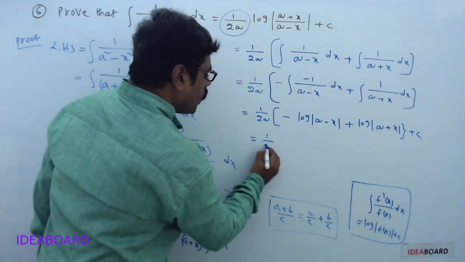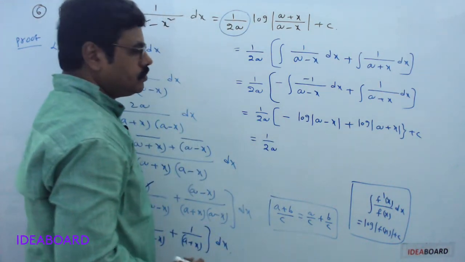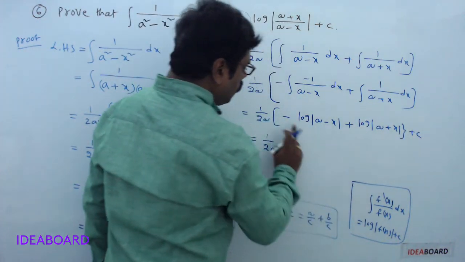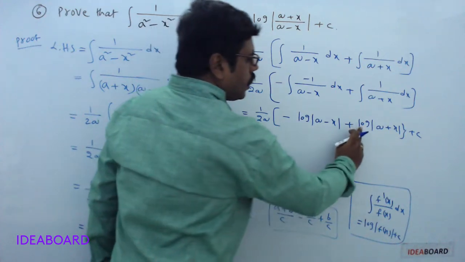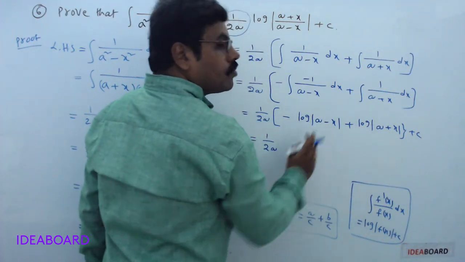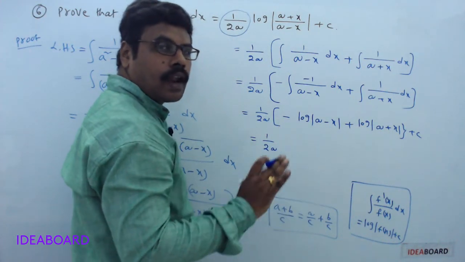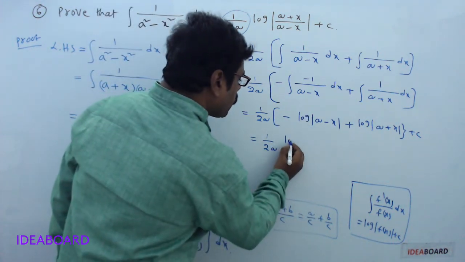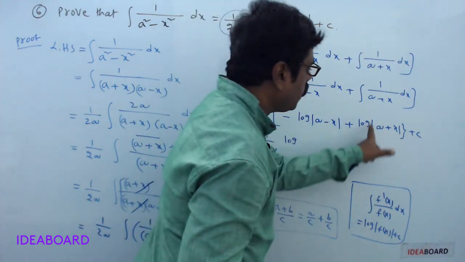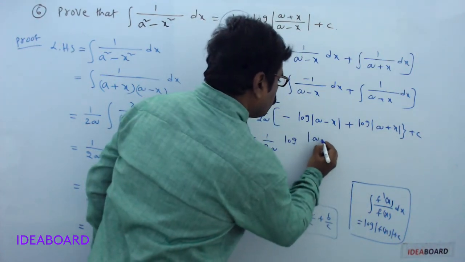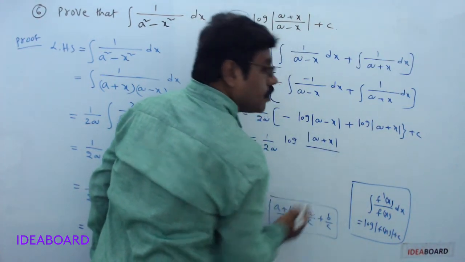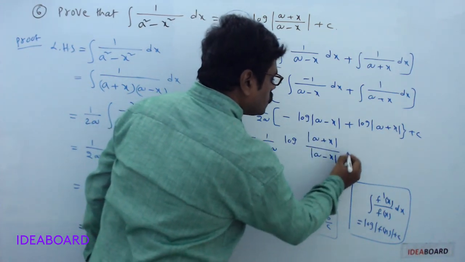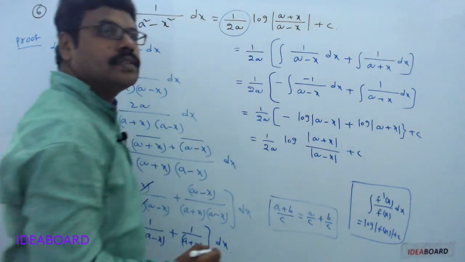Now this is 1 divided by 2a into, now this expression is of the form log a minus log b. What is its property? Log of a divided by b. So use that property. Log of a, a is nothing but mod of a plus x, divided by b, b is nothing but mod of a minus x, plus some constant c.